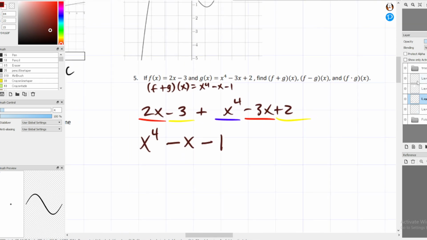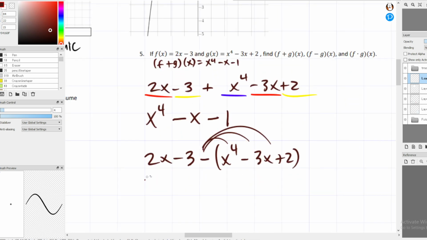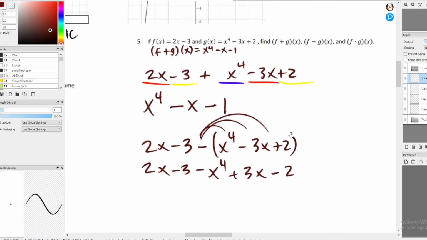Now we should do minus, so we'll do 2x minus 3 minus x to the 4th power minus 3x plus 2. Now we distribute the negative. So we get 2x minus 3 minus x to the 4th power plus 3x minus 2. And we will do like terms again.